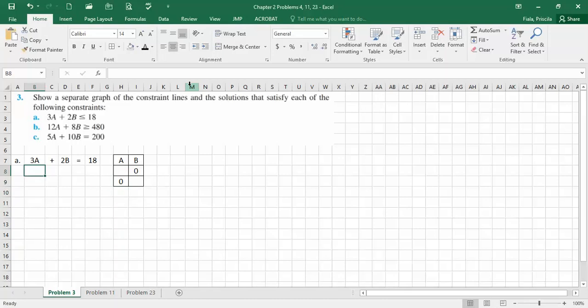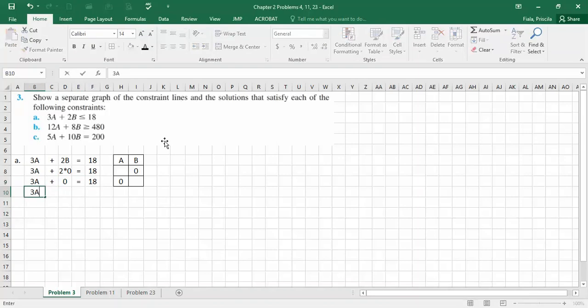If you're setting B to 0, you're going to have 3A plus 2 times 0, 2 times b, 2 times 0 equals 18. So you're going to have 3A plus 0 equals 18.